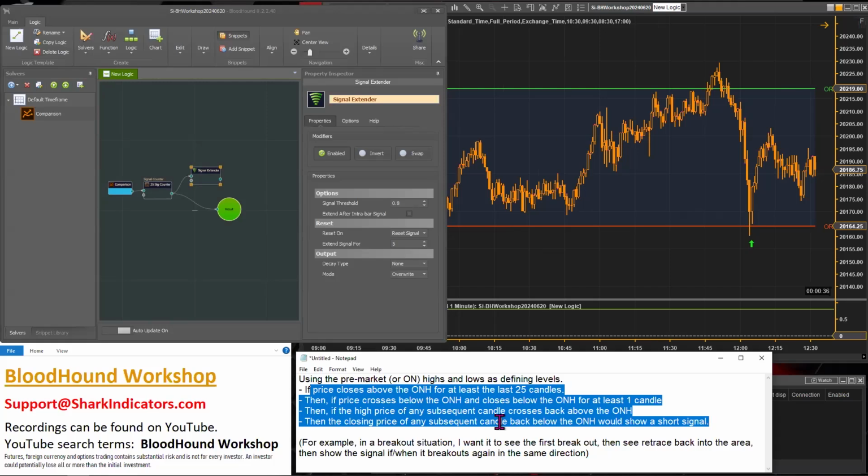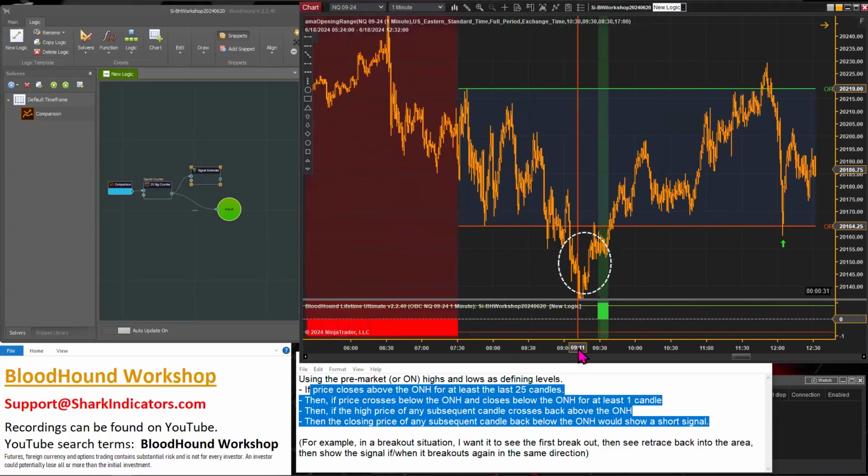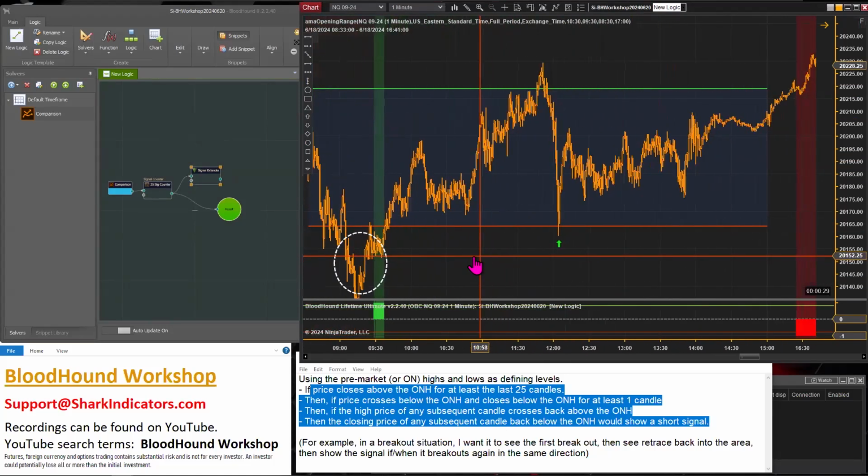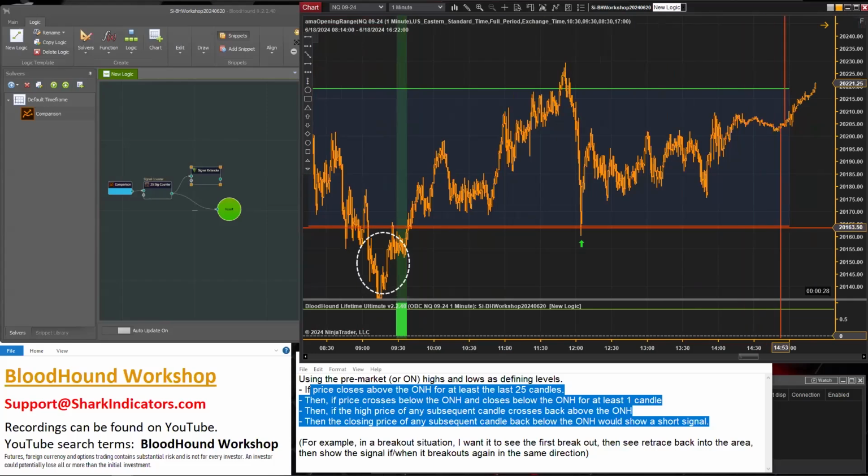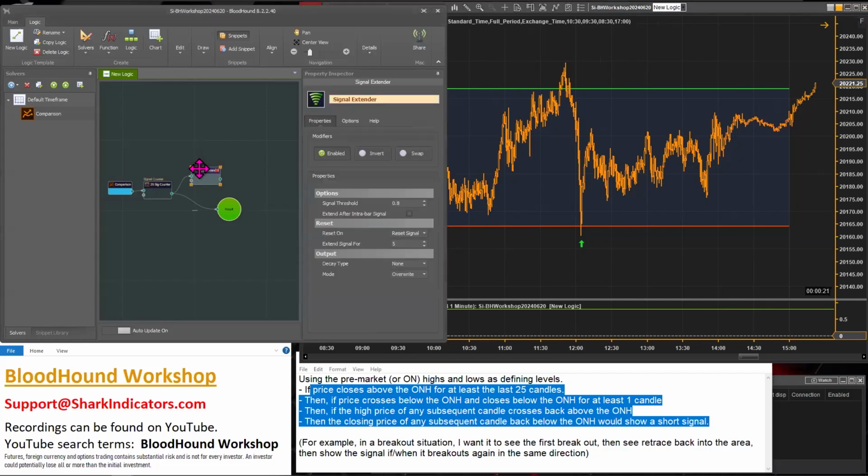Until the regular trading hours comes to an end, right? So that means there's only X number of bars really that this breakout would be good for. So that's why I'm going to use this signal extender here.